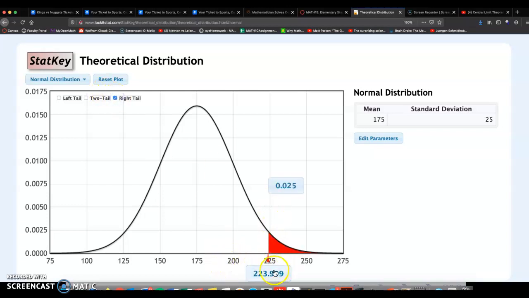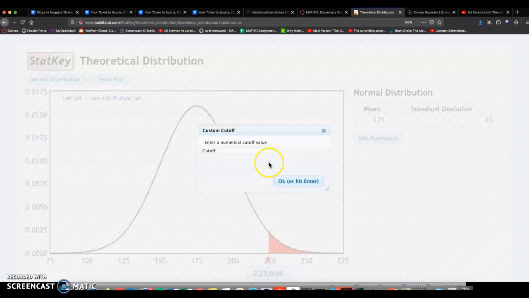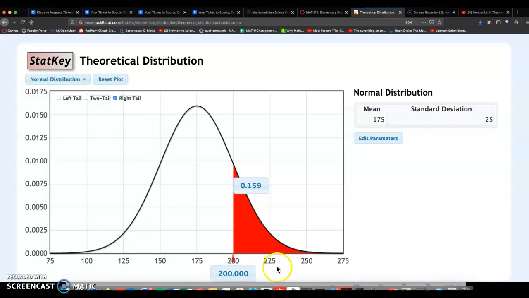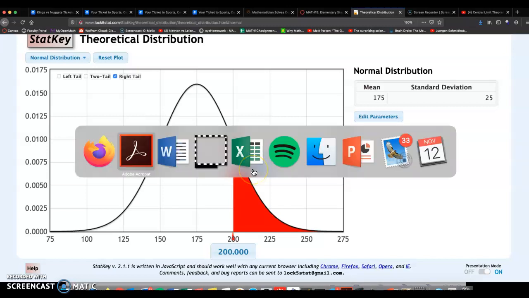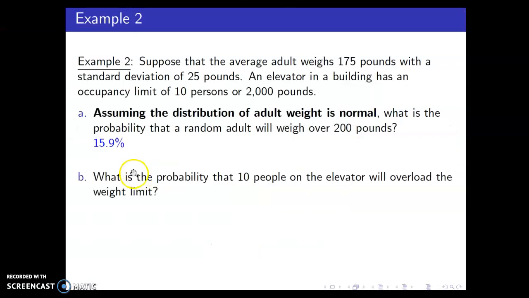So I'm going to click on right tail and make this bottom entry 200. If we want more than 200 pounds, that could be 200.1 and so on, so we keep this bottom value at 200. Then we're given the red area underneath the graph, and that is your probability or your percentage. So it's about 15.9% if we assume all this information is true.